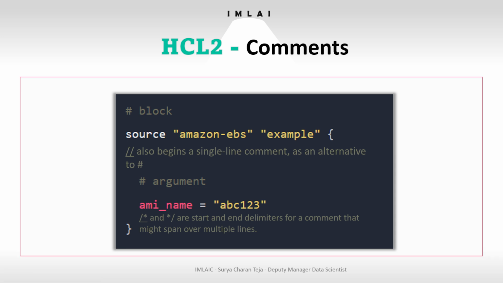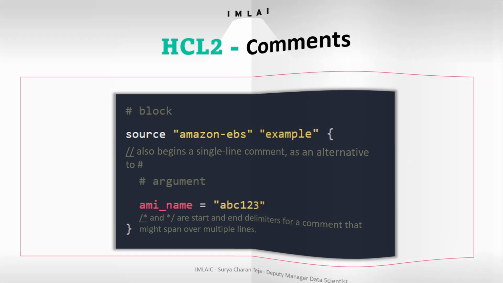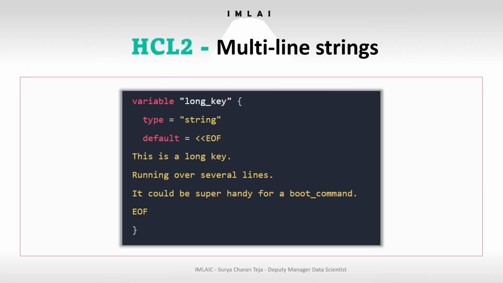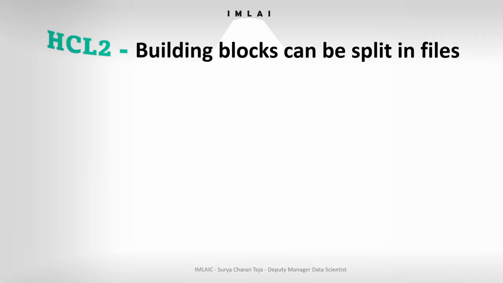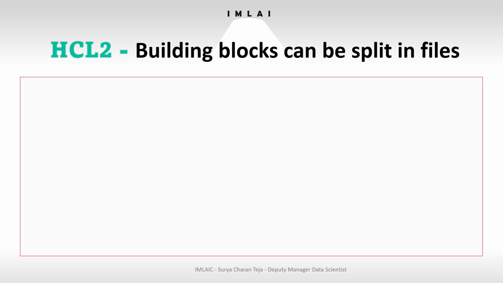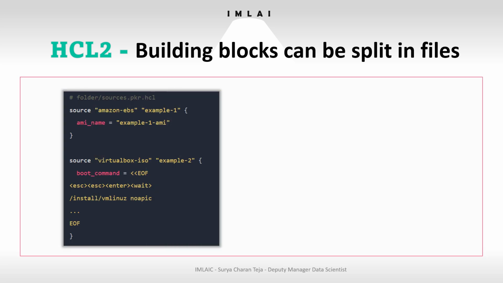Either of these symbols you can use to add comments in Packer. Then we will look into multi-line strings. Using this way, multi-line strings can be attached to our Packer template file.